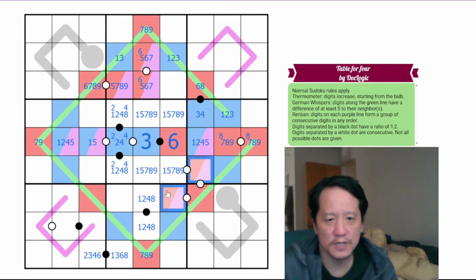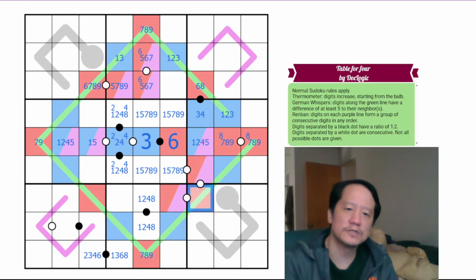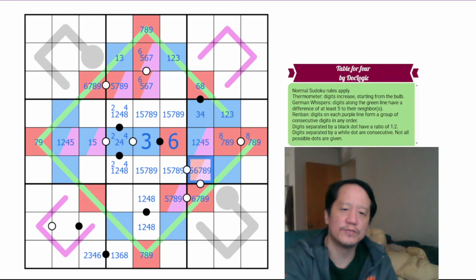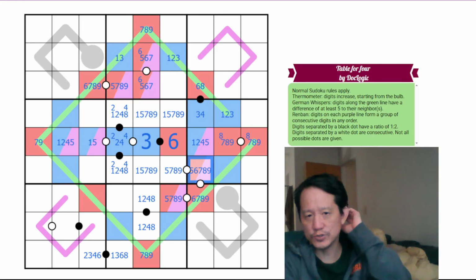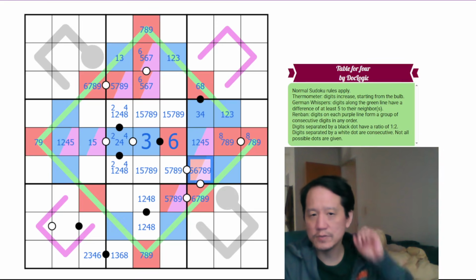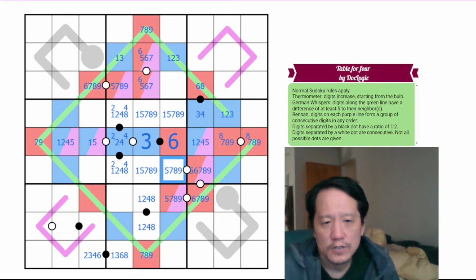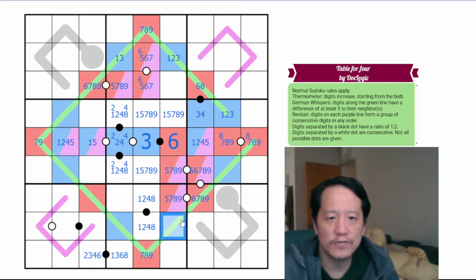This digit is consecutive with 2. Well, actually, that's not 2 unique digits. So 6, 7, 8, 9 here. This obviously cannot be 6, so 5, 7, 8, 9 there. 5 through 9 there. This cannot be 1, because 1 is only consecutive with 2, and this can't be 2. So this is high or 5 also.